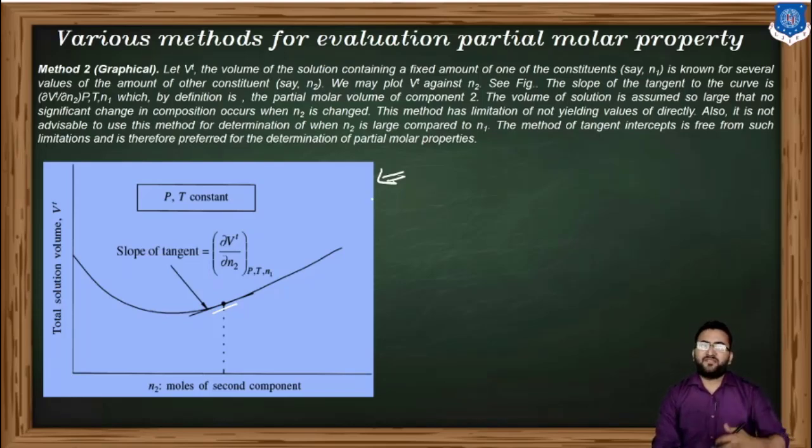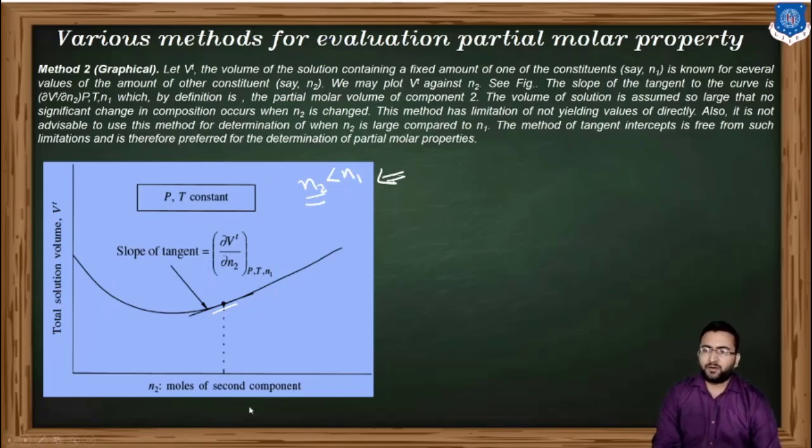The method of tangent intercept is free from such limitation, and is therefore preferred for determination of partial molar property only for dilute solutions. So let's suppose the solution is very dilute in component 1 and N2 is very small compared to N1, then we use this method.